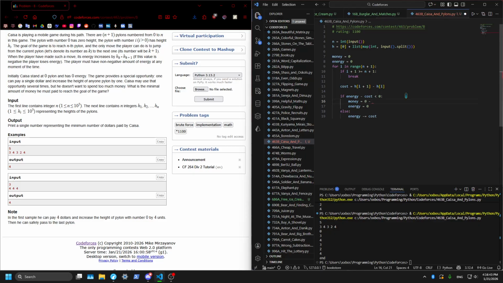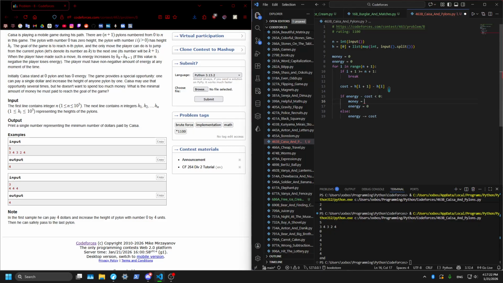0 minus, wait, so if energy minus cost is less than 0, wait, hold on. What's happening? If energy minus cost is less than 0, then we need to use money to make up for the energy with the cost.